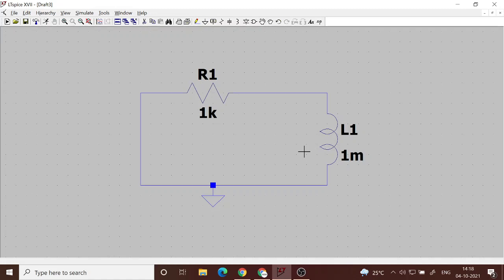So it is 1 milli by 1 k. Okay, in RL circuit it is L by R, right? That is the time constant in RL circuit, L by R. So L by R, if you find out 1 milli divided by 1 k, that is 1 micro. Okay, so for this circuit the time constant is going to be 1 micro.